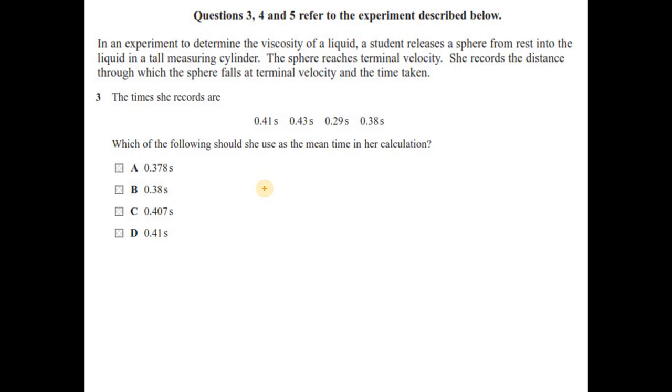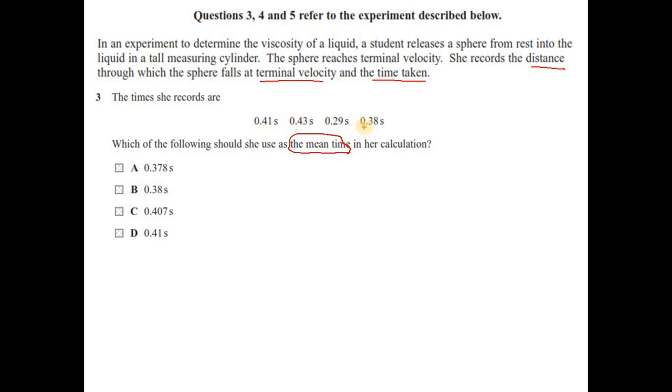She records the distance through which the sphere falls at terminal velocity and the time taken. The times she records are 0.41, 0.43, 0.29 and 0.38. Which of the following should she use as the mean time in her calculation? Again, a typical question, finding the mean from the data set.